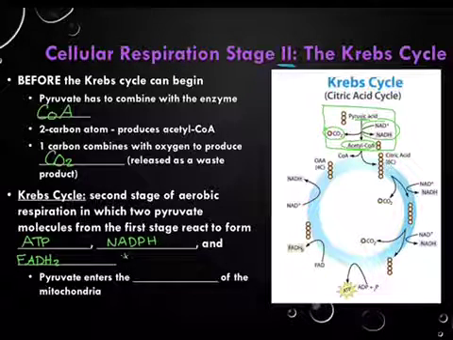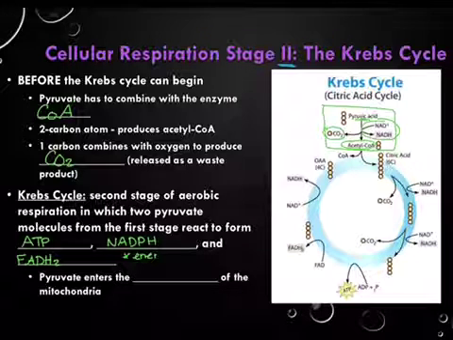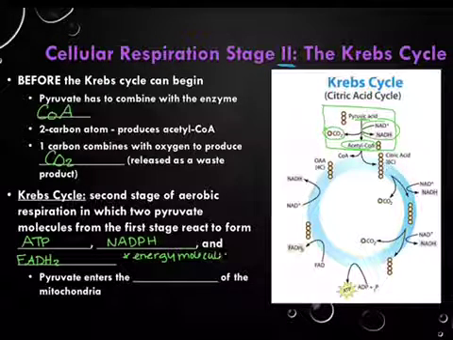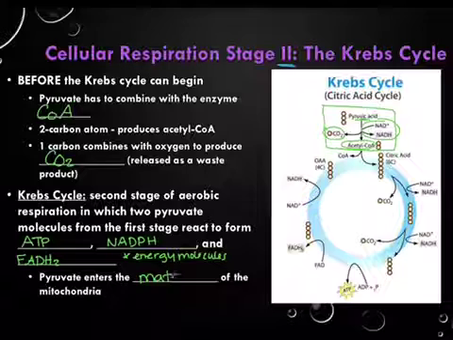And all 3 of these are energy molecules. So pyruvate will enter into the matrix, or that swimming pool area of the mitochondria. And that's where the Krebs cycle takes place.